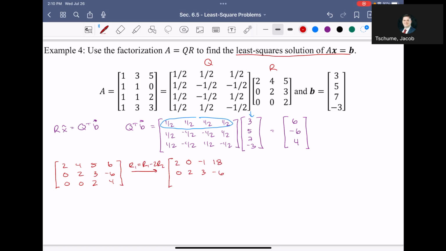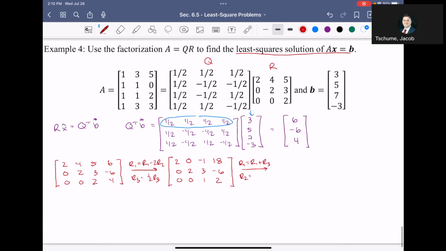Also, while I'm here, I'm going to go ahead and scale row 3 by a half. So 0, 0, 1, 2. Before I scale anything else, I'm going to go ahead and finish getting rid of column 3 here. So I'm going to take row 1 and add row 3, and I'm going to take row 2 and subtract 3 row 3s.